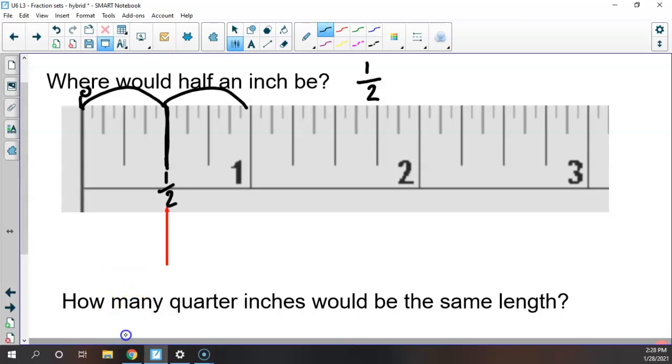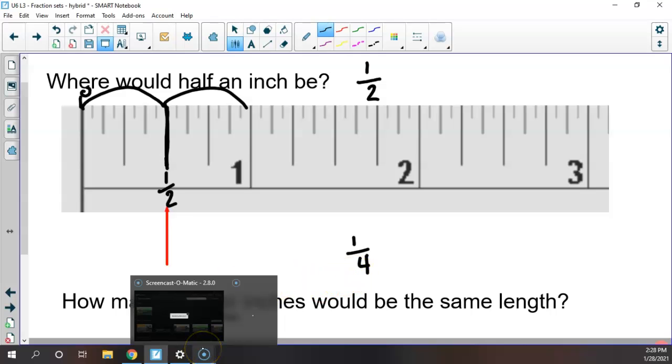How many 1/4 inches would be the same length? We talked about quarters just a little bit ago, a couple lessons ago. And remember, a quarter, I like to think of coins. Well, 1/4 is 1/4 of $1 because it takes 4 quarters to make $1. Well, where would 1/4 be on this ruler?